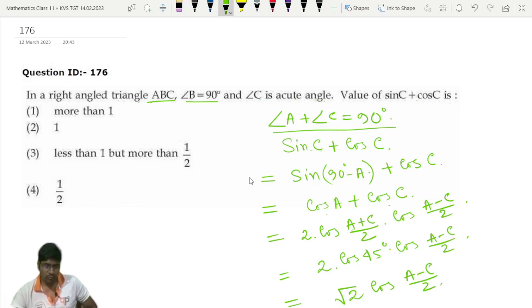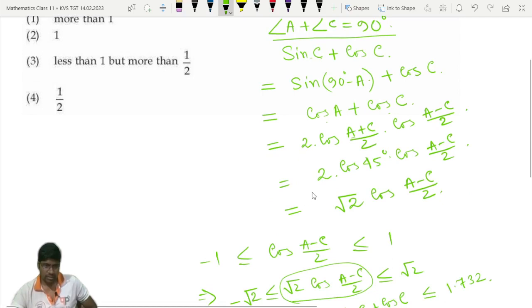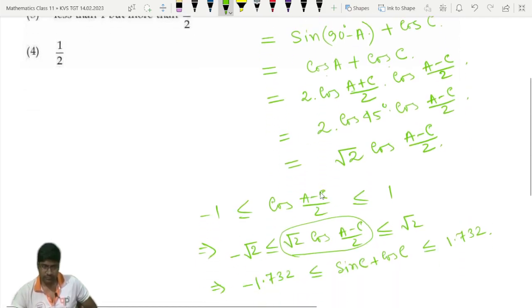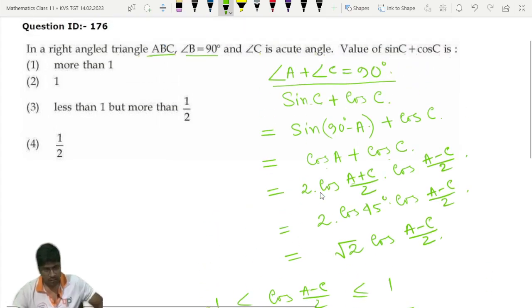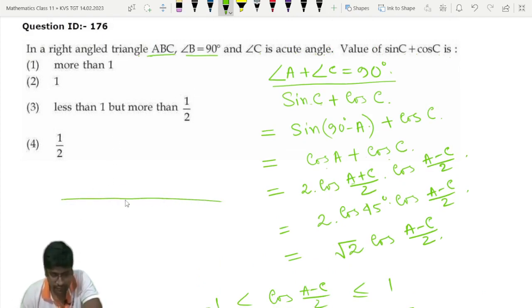Less than 1 but more than half. It may be less than 1. It may be more than half. Okay, 1 and half. We are plotting 1 and half. This is 0. This is half. This is 1.